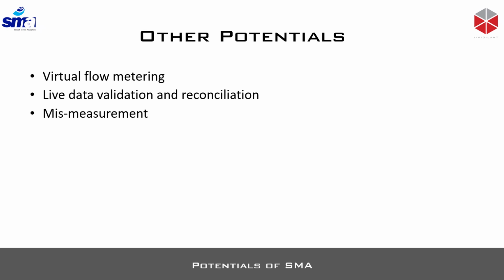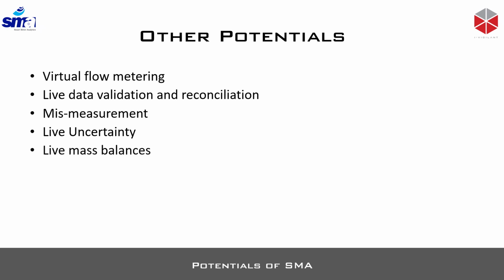We can also do mismeasurement. In case a mismeasurement is identified, we can take that same data and implement the new data in there, and then do a calculation based on the new input, and correct the mismeasurement that way. We can perform live uncertainty as shown before.